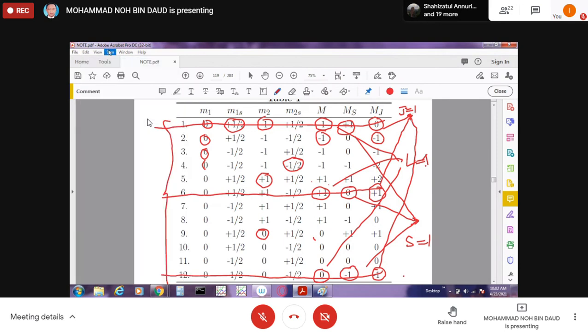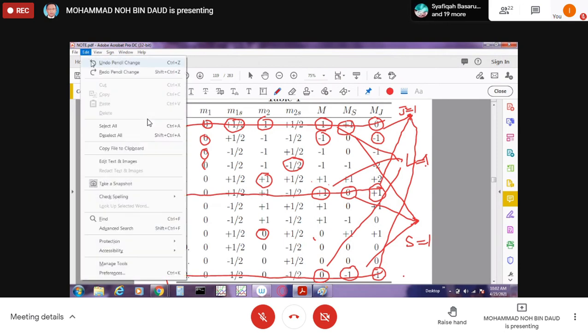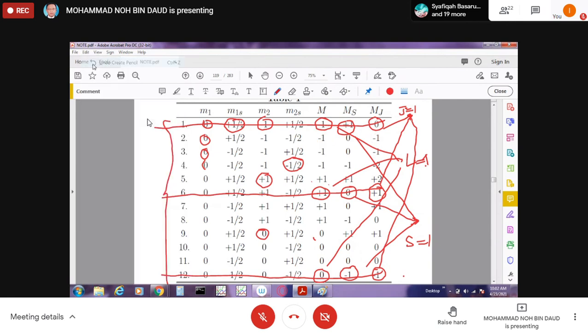We have here J1s. How about J0? This is J1 negative 1. Positive 1. This is positive 1.